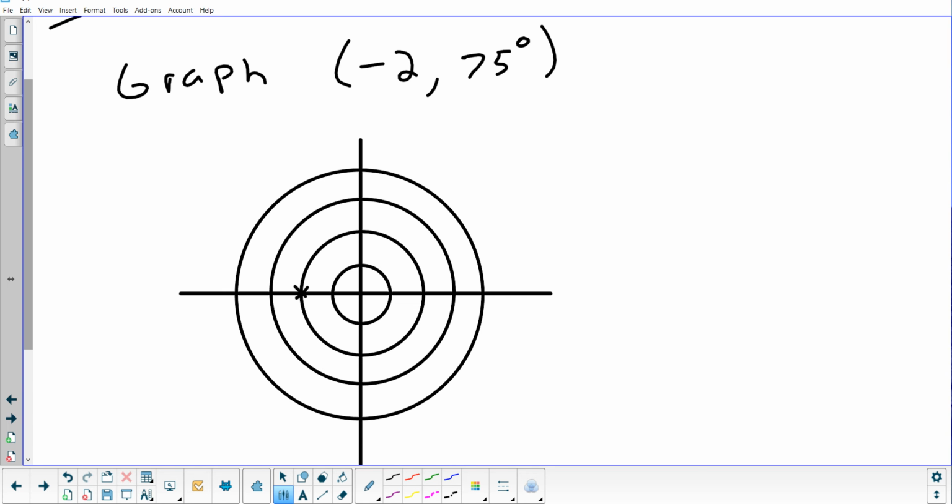Yep, it's counterclockwise. That's a positive 75. So from this spot, you're going to rotate 75 degrees counterclockwise. 75 degrees would probably put you about right there. Questions on that one?